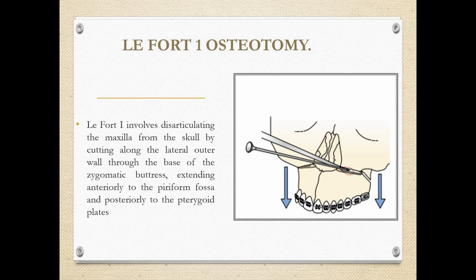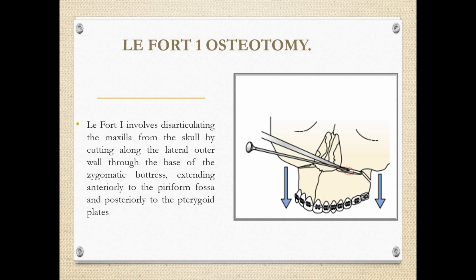The surgeon achieves superior vertical repositioning by removing bone in the region of these cuts, whilst inferior movements require grafting into the intervening space.